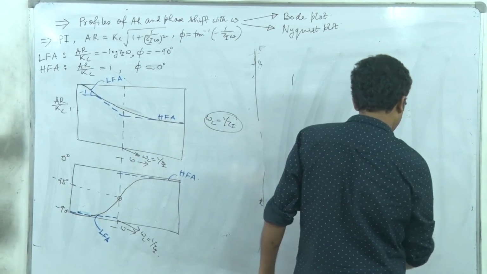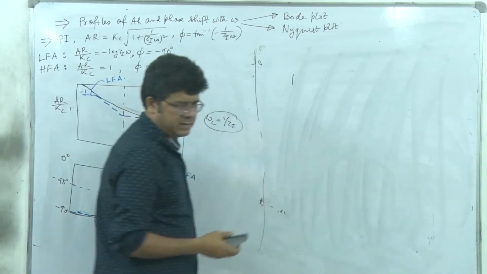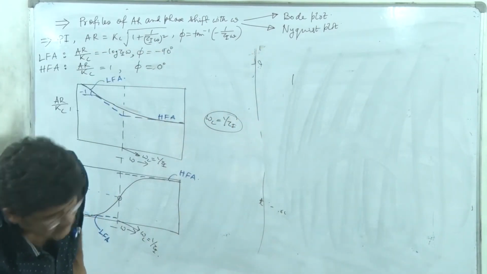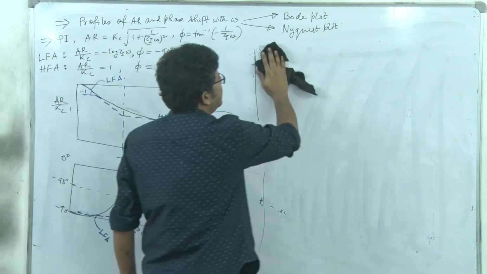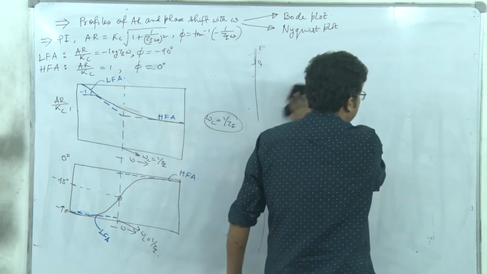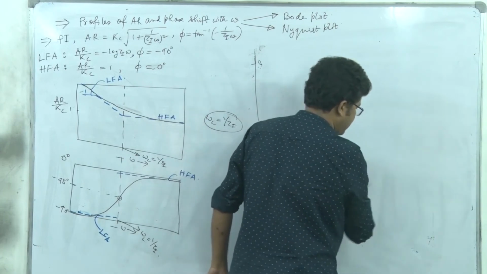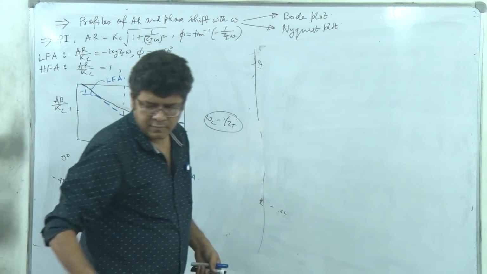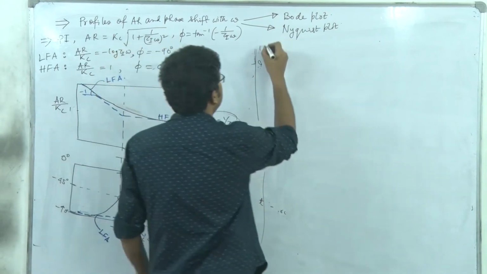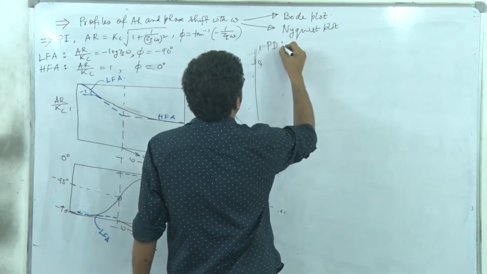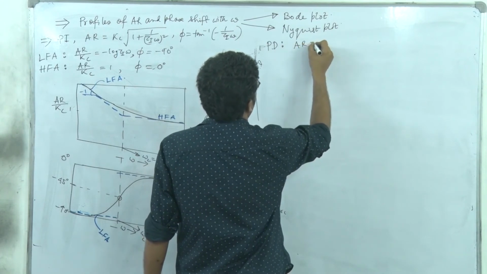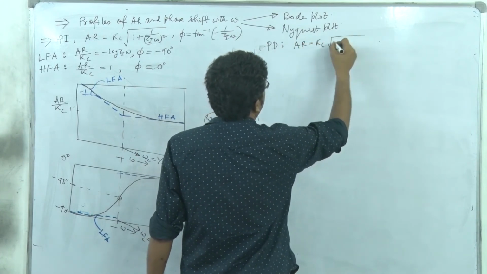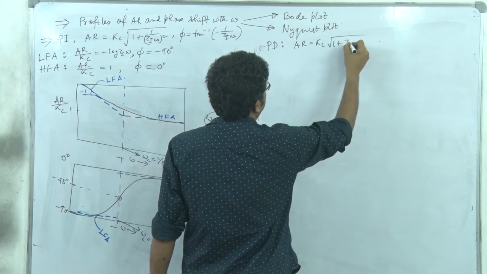For PD on the other hand, you see this amplitude ratio is equal to Kc under root 1 plus tau d omega whole square.